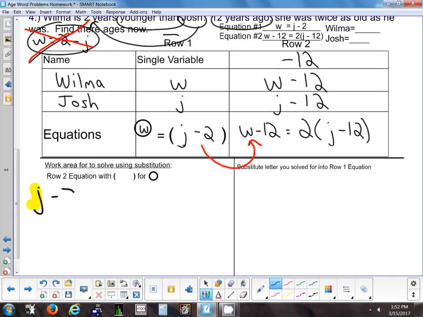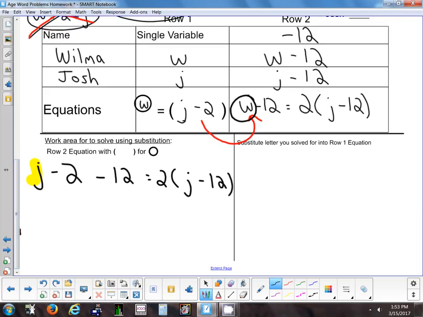Careful. So we got this. I'm taking this, putting that in for W. I did that. J minus 2. Minus 12. Keep going. Equals 2, J minus 12. Good.